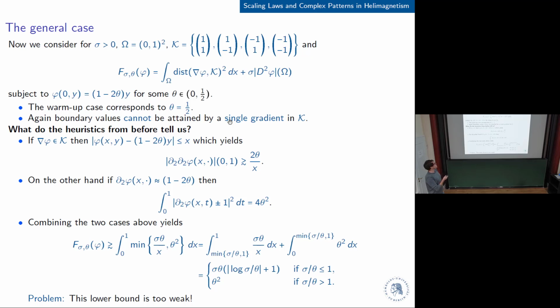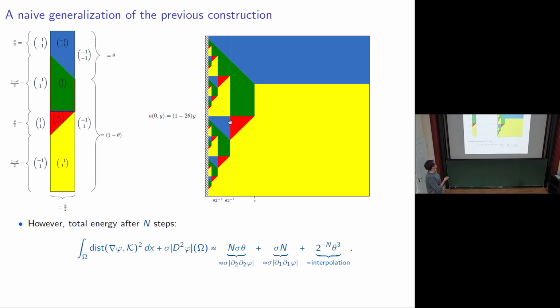I guess what I meant was it's a boundary condition. It's not a bulk condition. Yeah, the boundary condition. So in that sense, the bulk distribution of gradients, is that not partly free? Yeah, essentially. I'm not so sure if I understand the question correctly, but I think so.